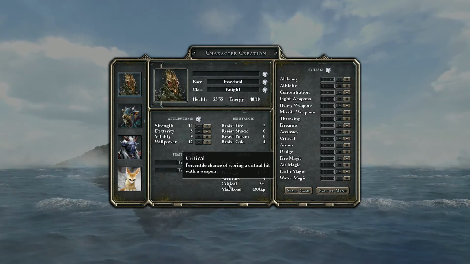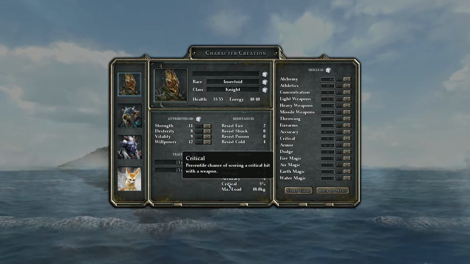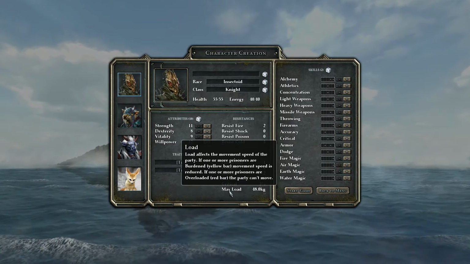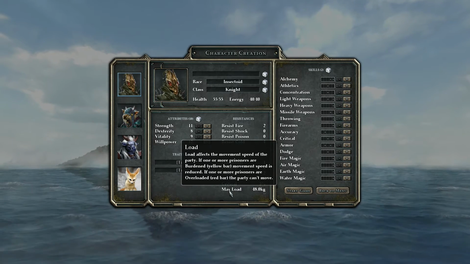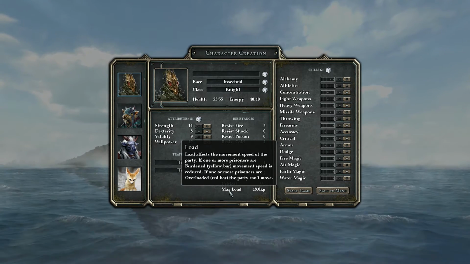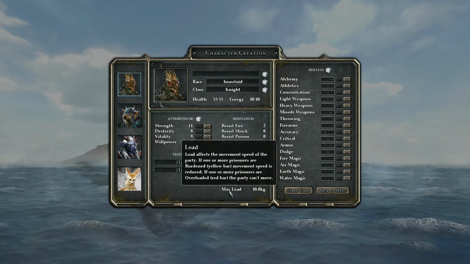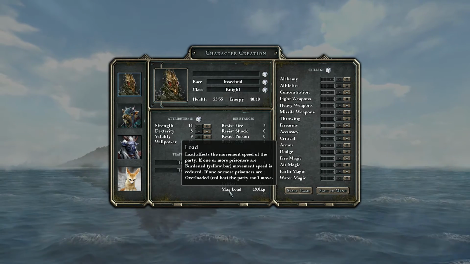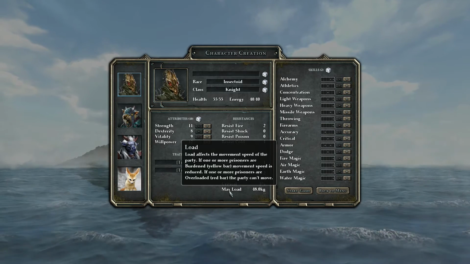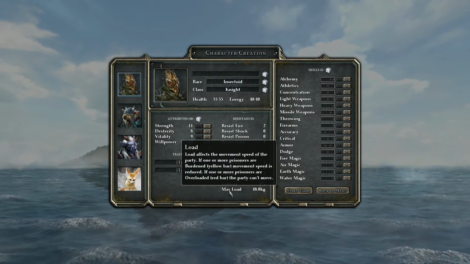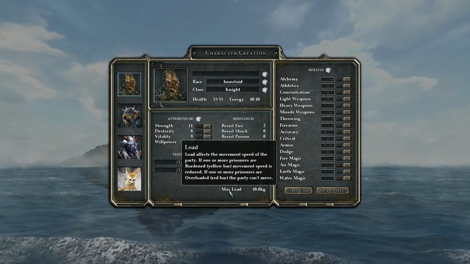Critical. The percentage chance of scoring a critical hit with a weapon. And max load. Load affects the movement speed of the party. If one of the prisoners is burdened, yellow bar, movement speed is reduced. If one or more prisoners is overloaded, red bar, the party can't move.